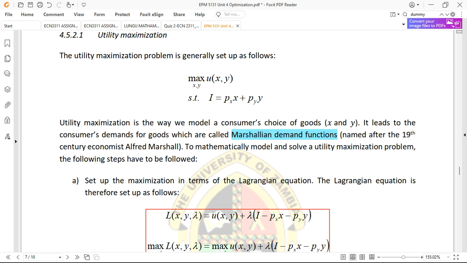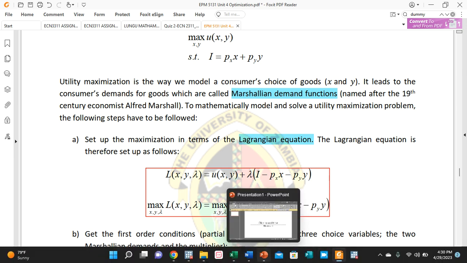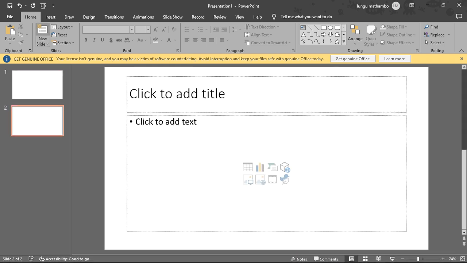So the first step in deriving the Marshallian demand functions is to set up the maximization in terms of the Lagrangian equation. Now, this thing called the Lagrangian equation comes in this form here. Let me use PowerPoint now.